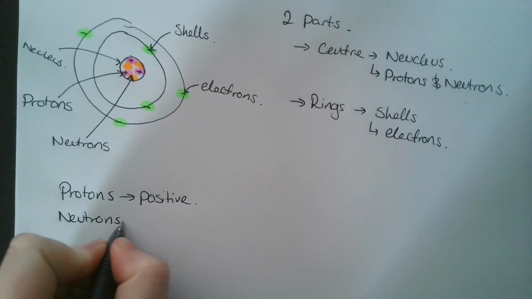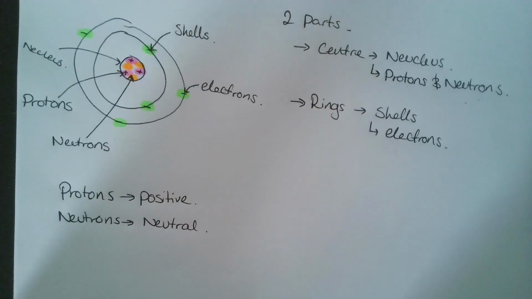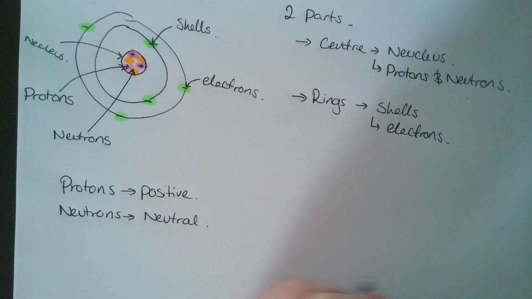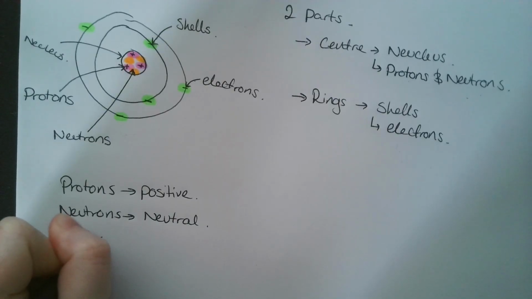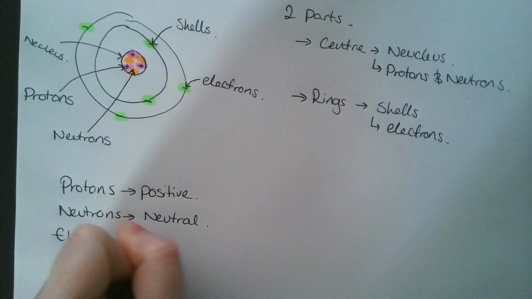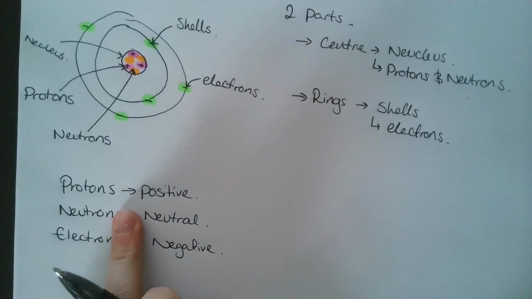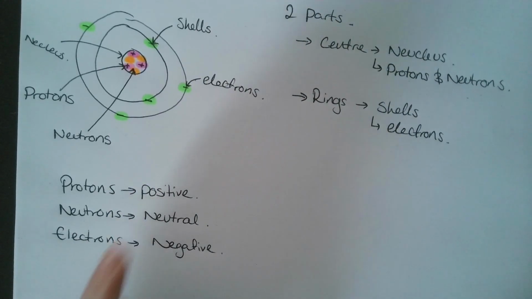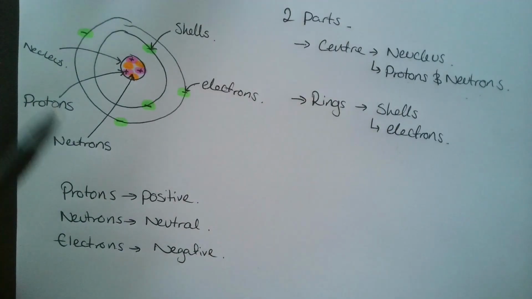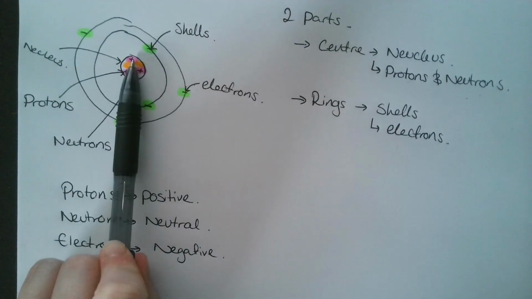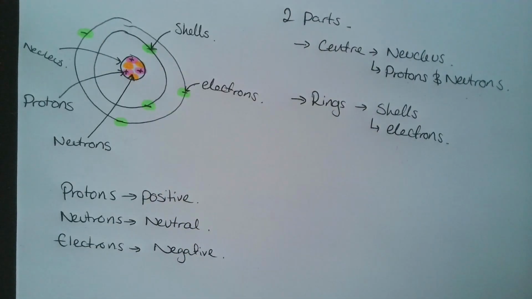Neutrons are neutral. And this is the only one that doesn't rhyme. Electrons are negative. So positive protons, neutral neutrons, negative electrons. And this is why I have put pluses and minuses around.